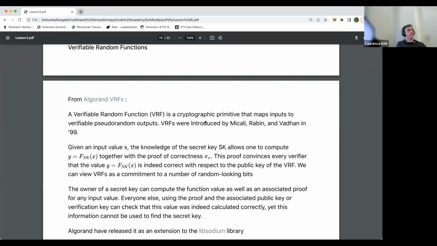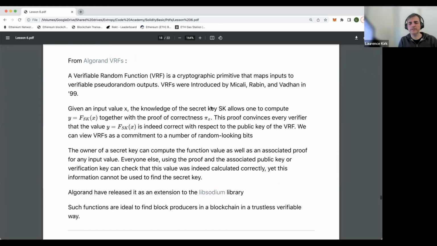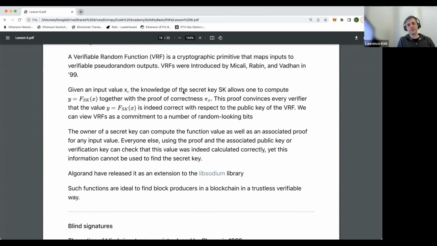So we're verifying that the computation used to produce this random value has been done correctly, and we can prove that in a way that doesn't give away the secret starting point of this computation.